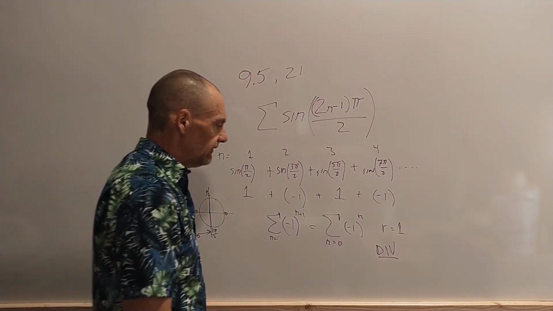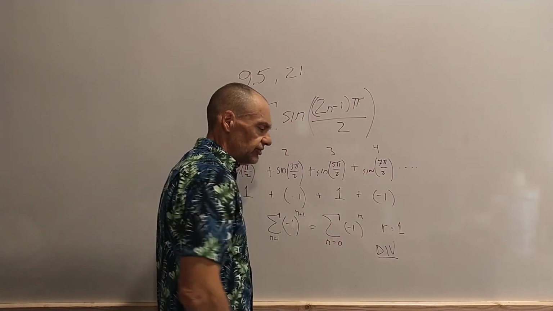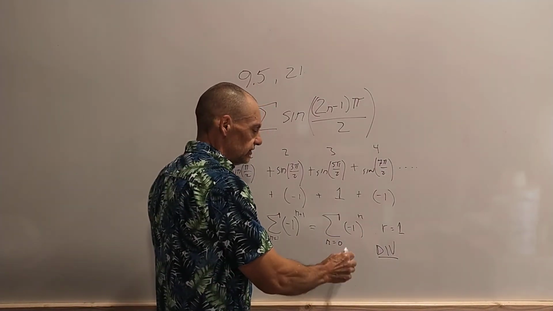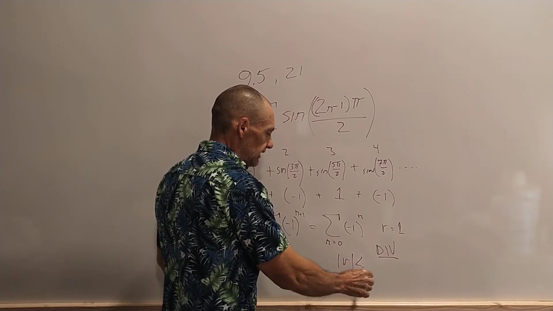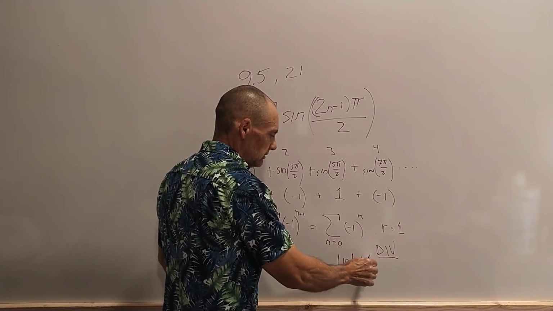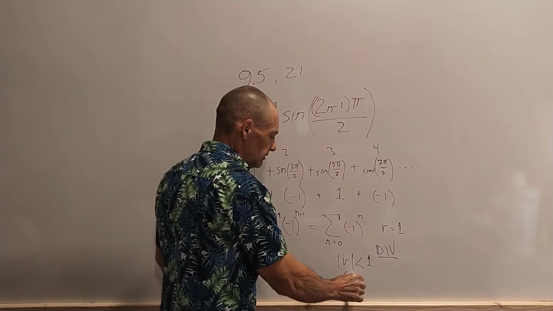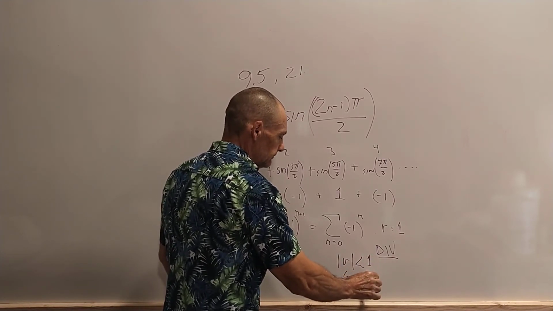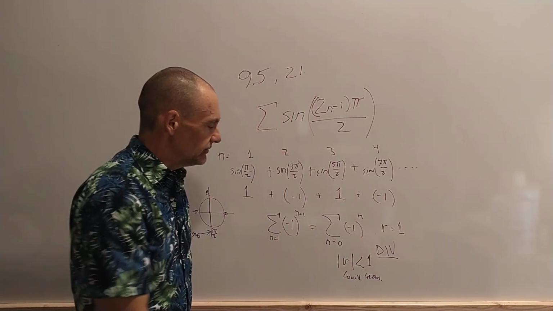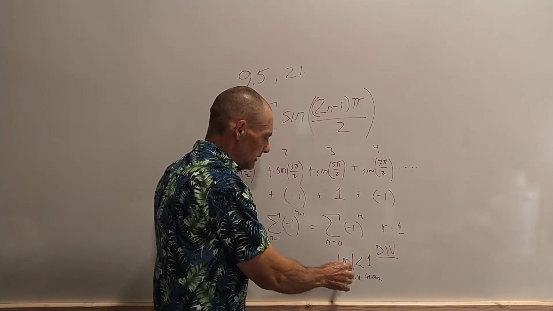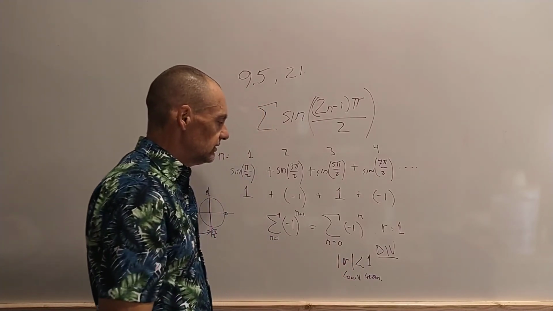Now, remember that the criterion for a geometric series to converge is that the absolute value of r has to be strictly less than 1. So it's absolute value, and the fact that r is negative doesn't really tell us anything.